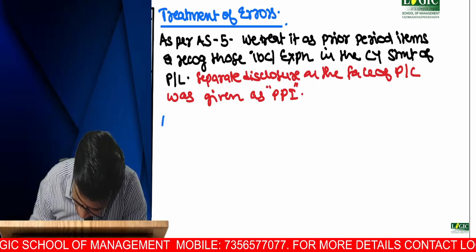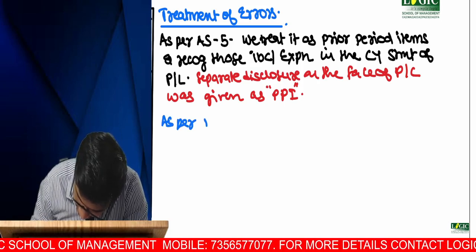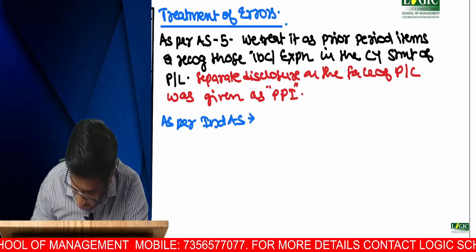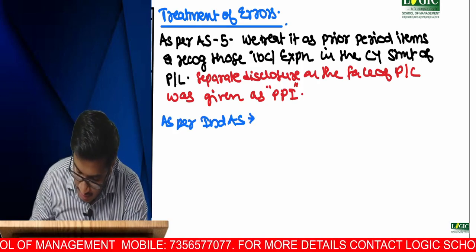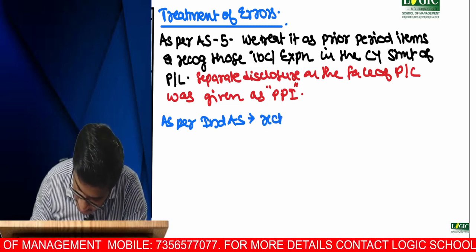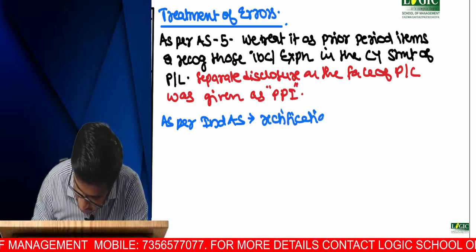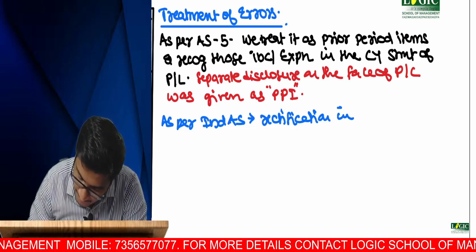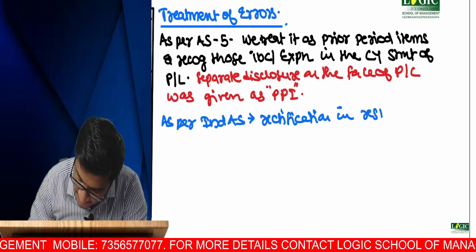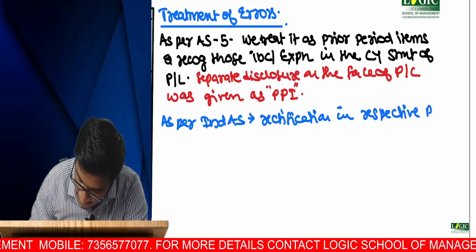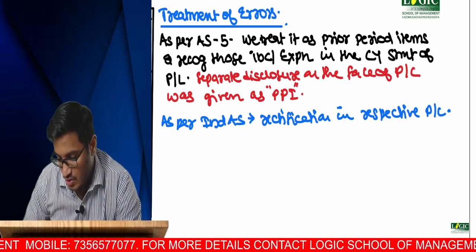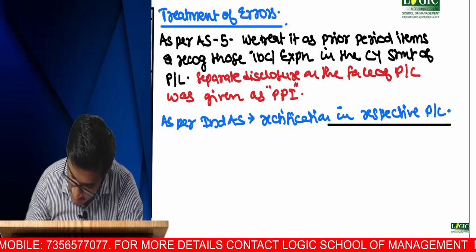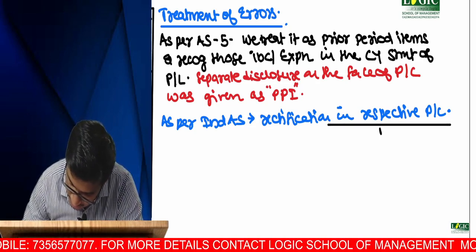But as per Ind AS, the rectification is done in respective P and L. So what do you mean by respective P and L? There are two possibilities.